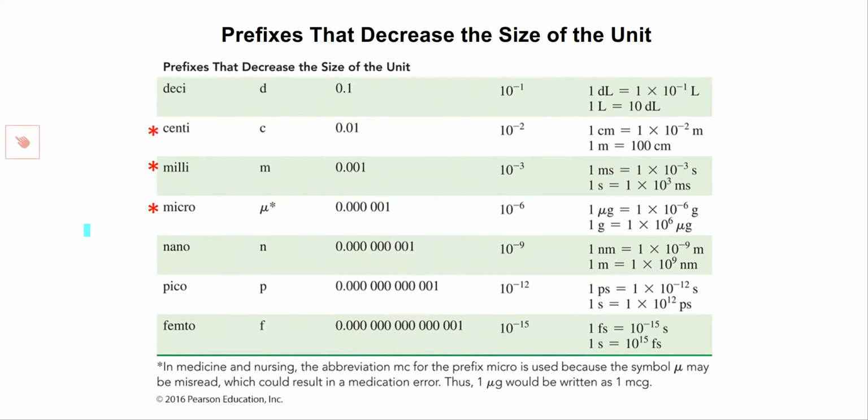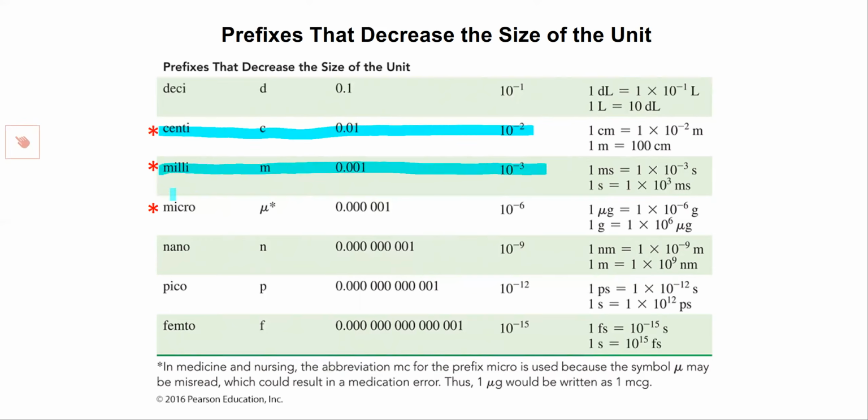And so the ones that we'll use the most are centi, milli, and micro. And beware, micro and milli look pretty similar. Let's think about milligrams. If we're talking about milligrams, it's a little m with a g. But if it's micro, it's mu, which looks a lot like a little m and g. So exercise some caution there.